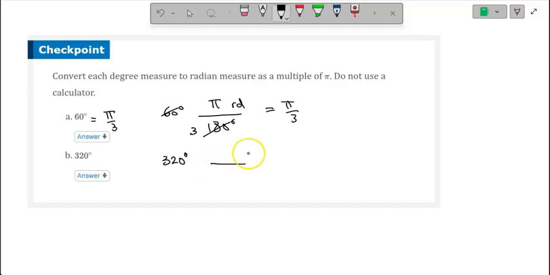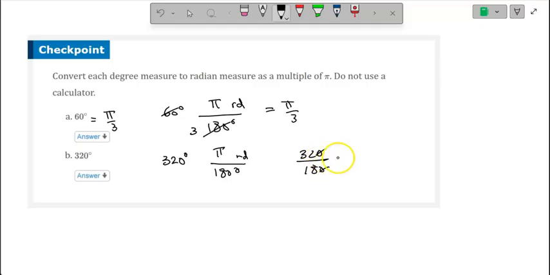320 degrees is not well known. 320, what is it? You multiply by pi, divide by 180, put degrees and radian here. So 320, what can I cancel out with 32 and 18? Definitely I can divide by 2. So it can be 320 divided by 180.